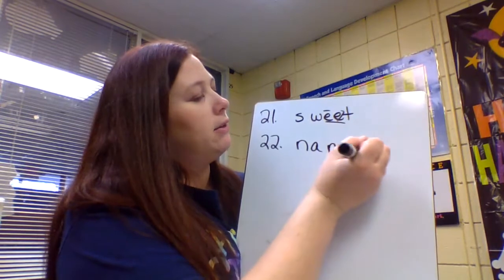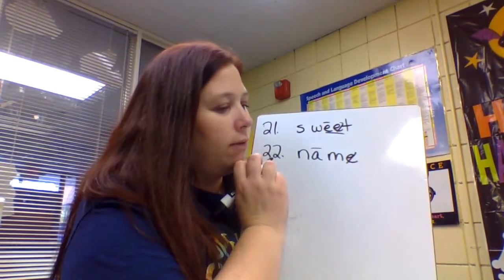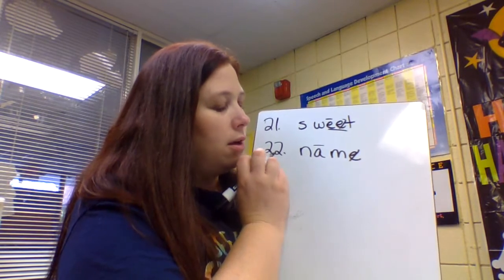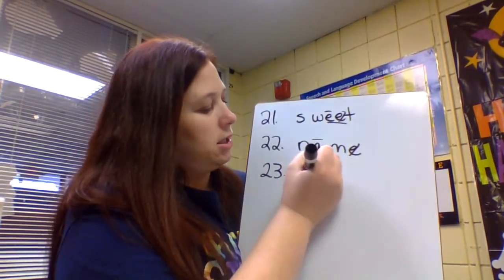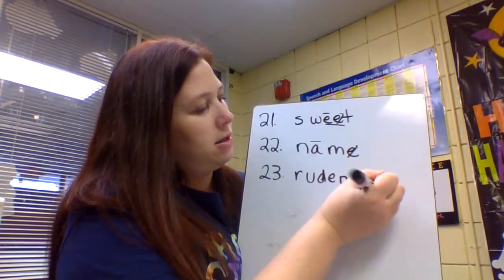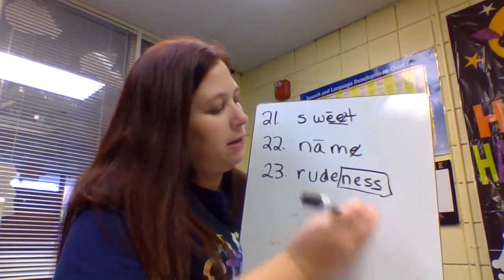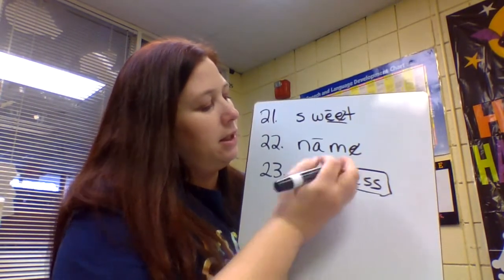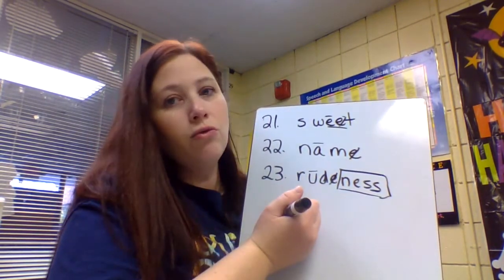Here we have vowel consonant E, so the A gets a macron and the E is crossed off. Number 23, rudeness. We're going to box off that suffix, that ness suffix. Here we have vowel consonant E, so we're going to cross off that E and the U gets a macron, rudeness.